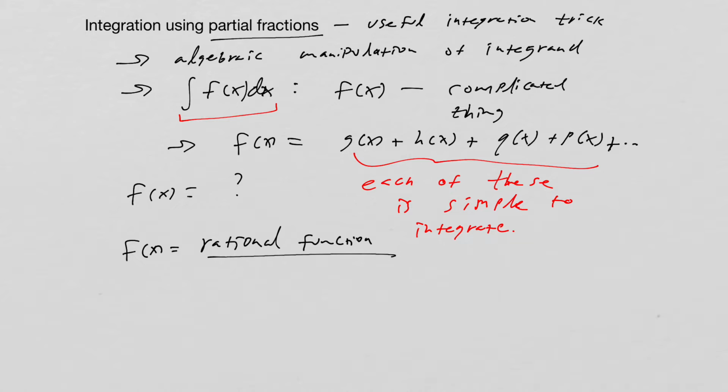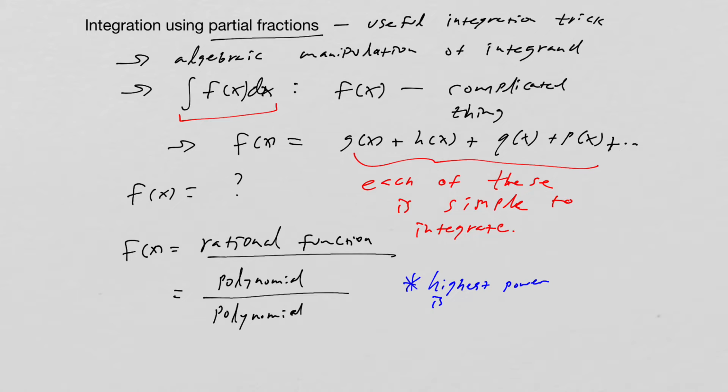So what's a rational function? Of course, it's going to be a polynomial on top over a polynomial on the bottom. The one proviso here is, I'd say, what you want to make sure is that the highest power, by which I mean x to the n, whatever that is, is in the denominator.